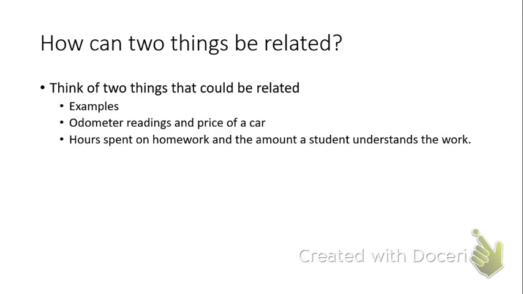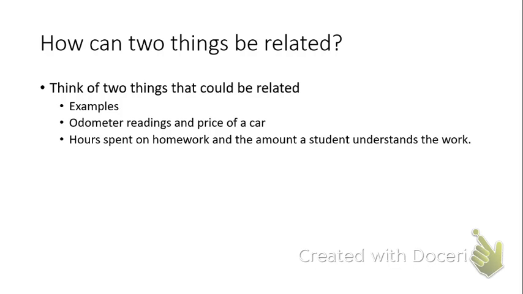So, how can two things be related? I want you to come up with your own example of two things that are related. Some things that we've seen so far: in one problem, we saw that the higher the odometer reading, meaning the more miles a car has on it, the lower the price of the car would be.